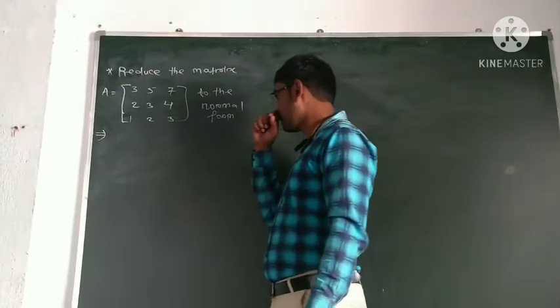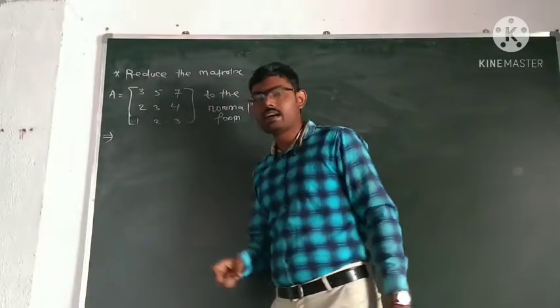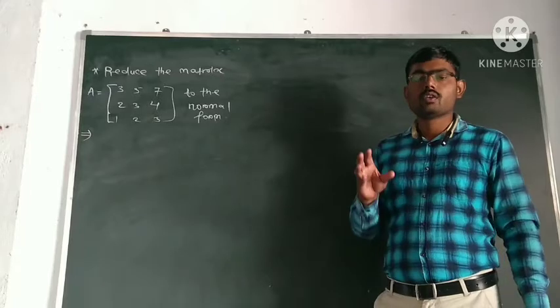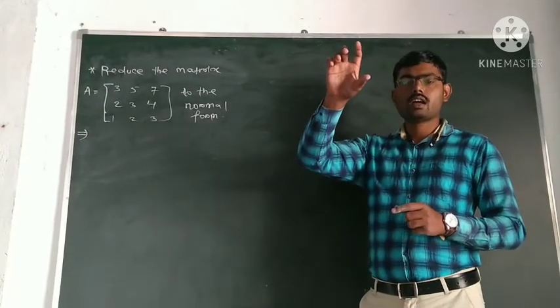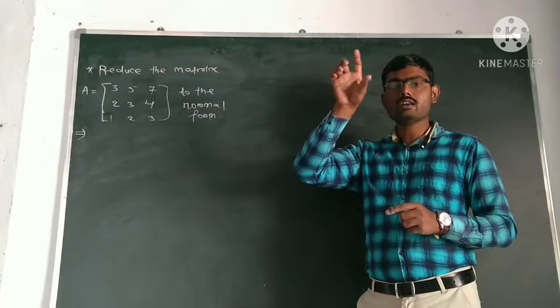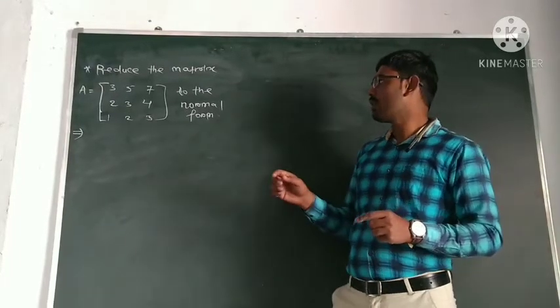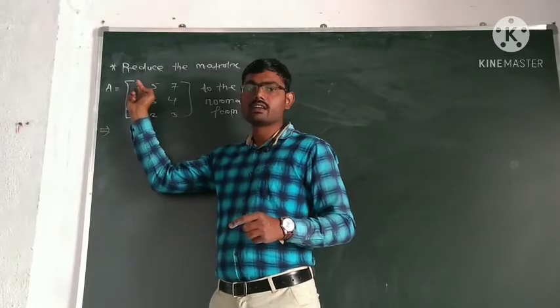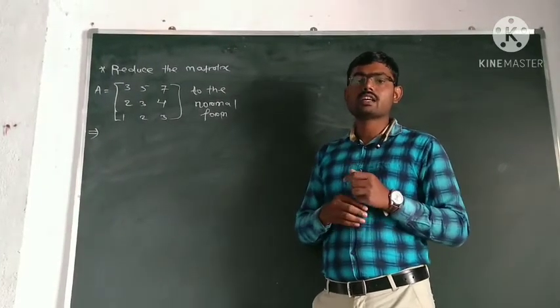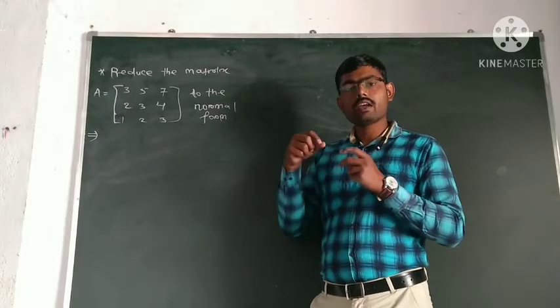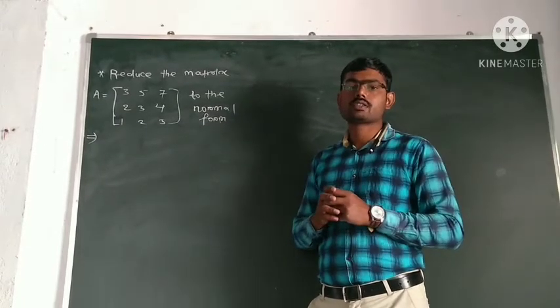So the basic idea of normal form, we know, is that we have to maintain the identity matrix at the top. So we want the first element here to be a 1. For this purpose, apply the elementary transformations.